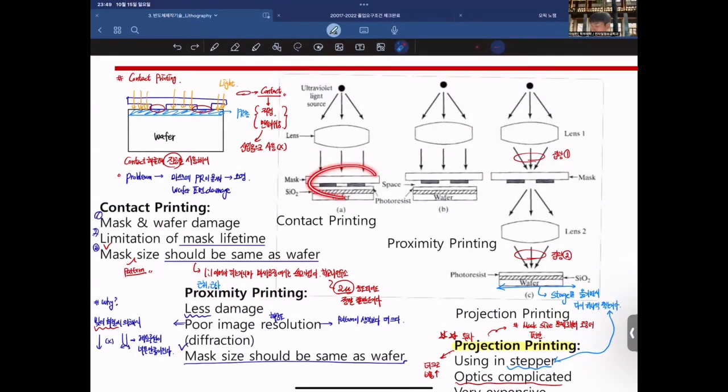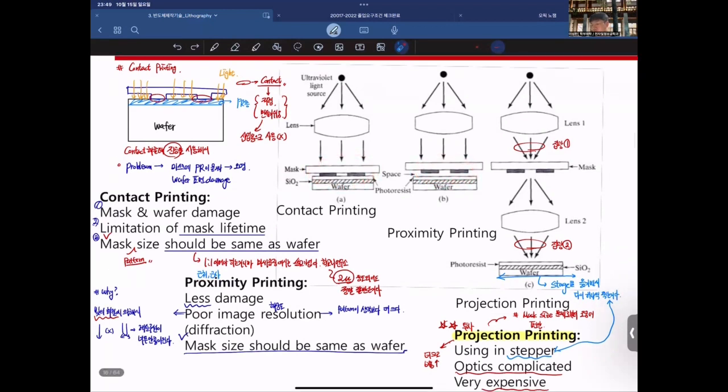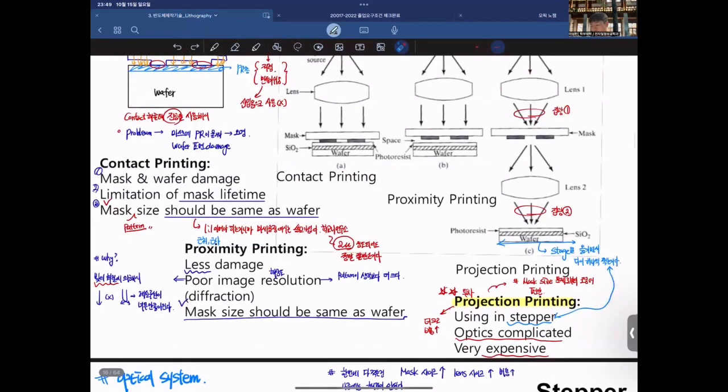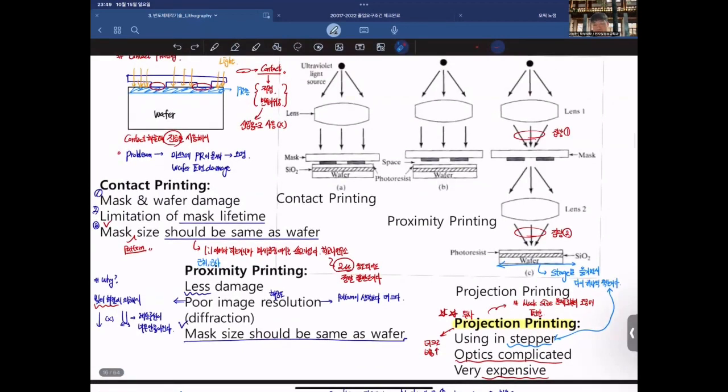The contact and proximity are not much used these days because they have many damages and lower image resolution, and the size should be smaller and nanoscale. It is nearly full, so we can use the projection printing.